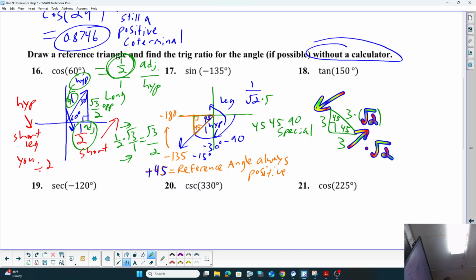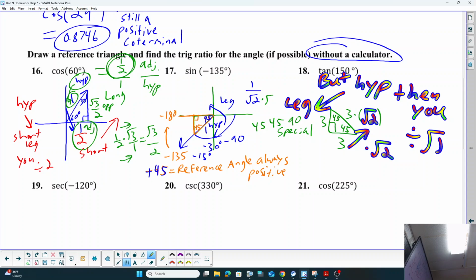But if you're going from the hypotenuse back to the leg, then you divide by radical 2. So that's basically what we're doing right now. We're going to go ahead and divide by radical 2.